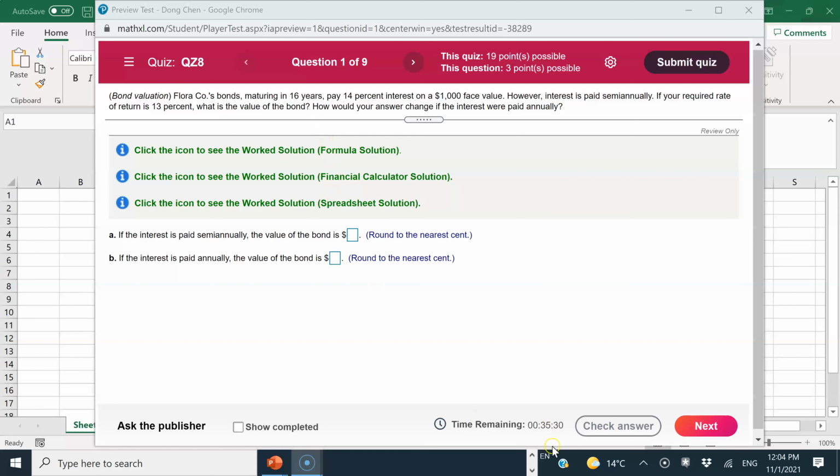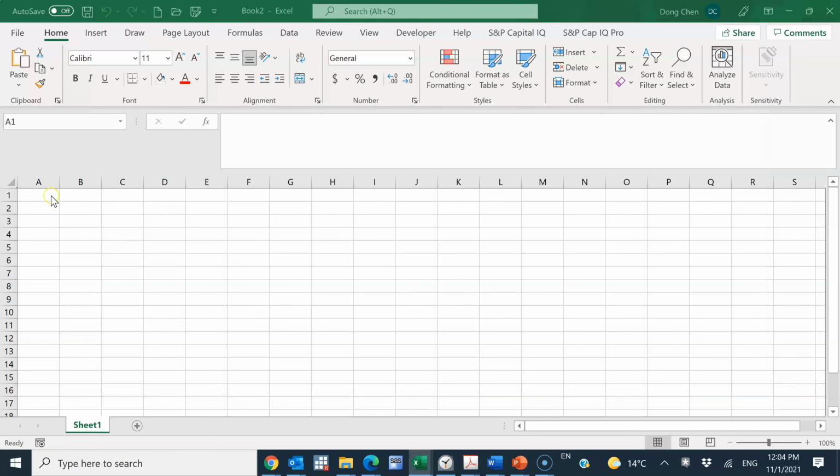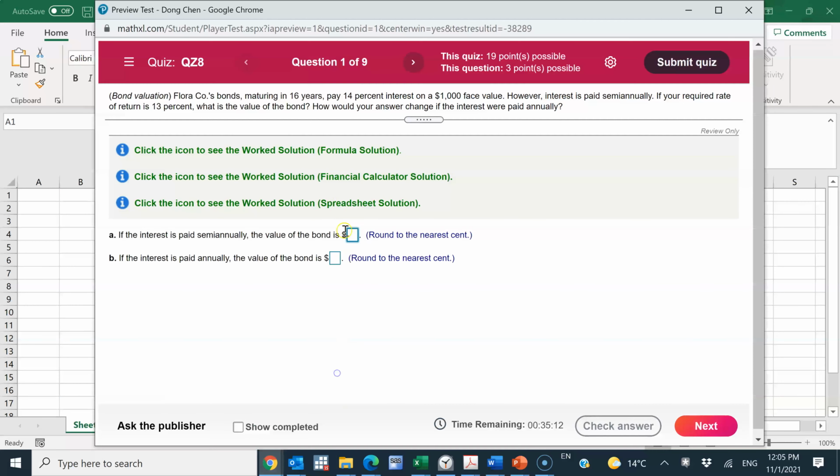So I guess for me, it's always a convenience if I just put everything in the setup into my Excel worksheet. So I'm going to just do that. So the first number we are given is the maturity years.